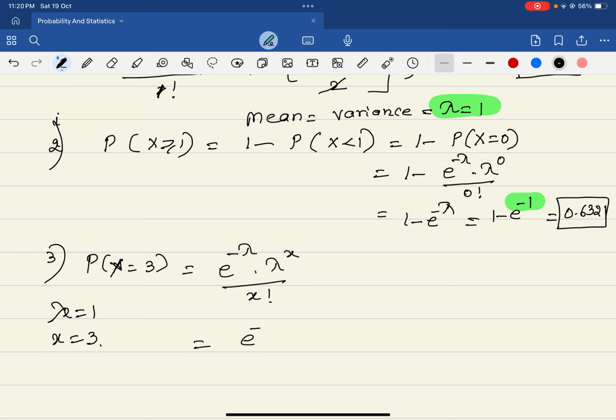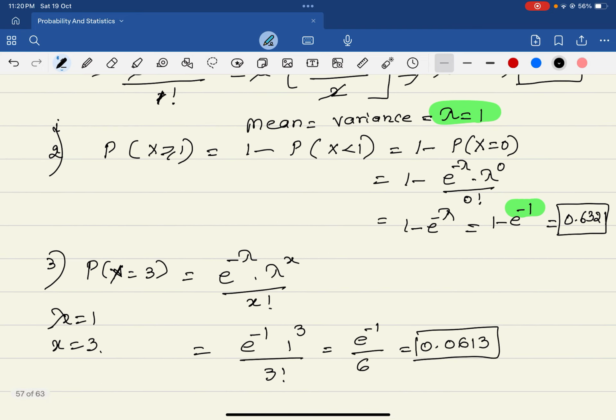Therefore it is e power minus 1, 1 power 3 over 3 factorial, where 3 factorial is 6. The value is 0.0613. So this is the solution.